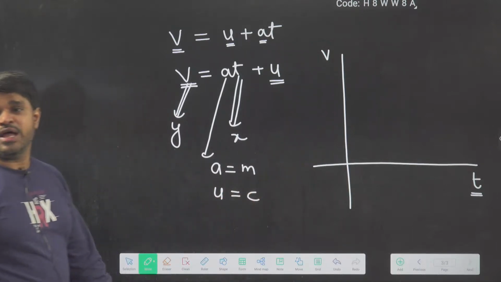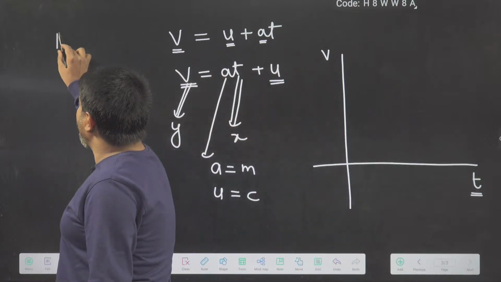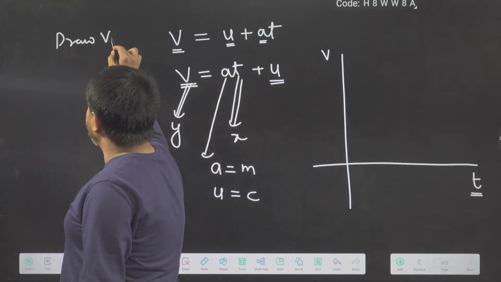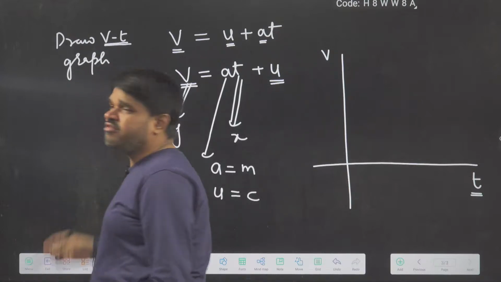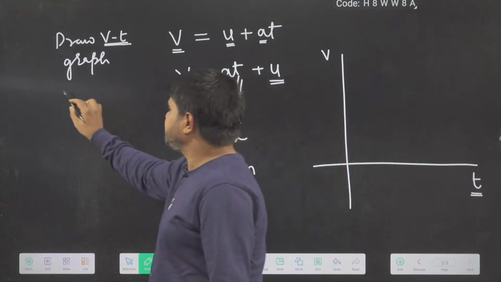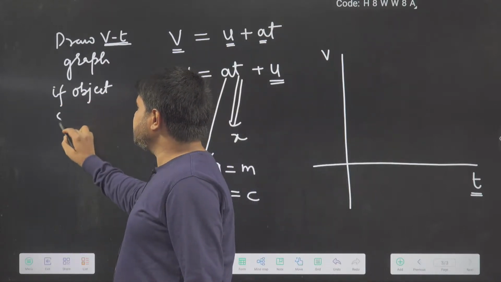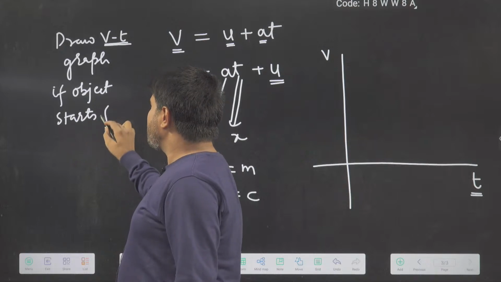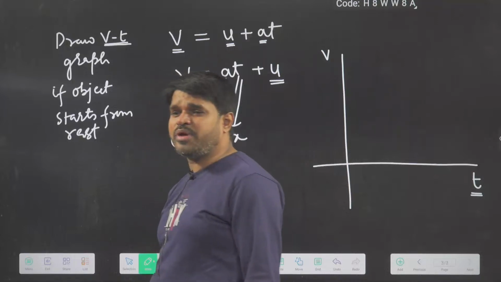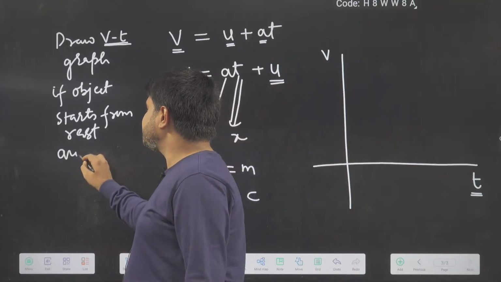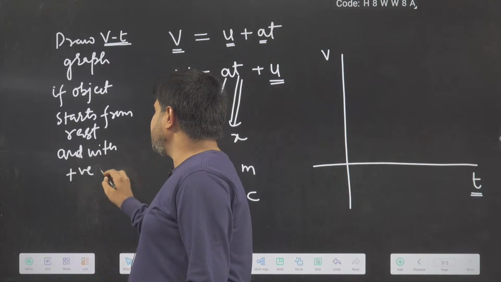C. Now my question, a very simple question I am going to write: draw the v versus t graph if the object starts from rest and with positive acceleration.